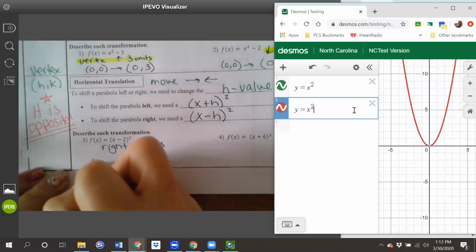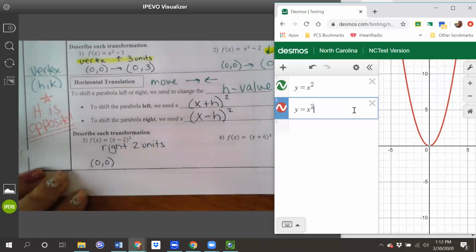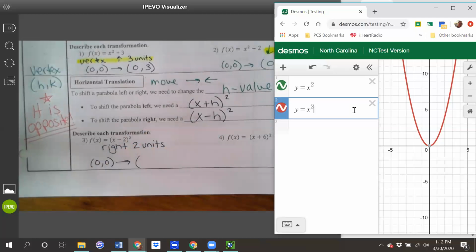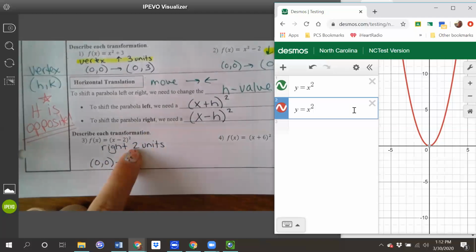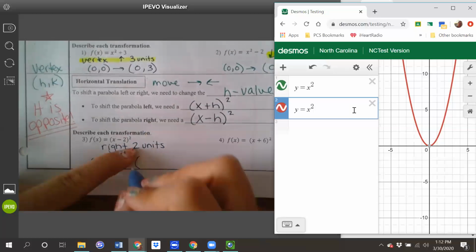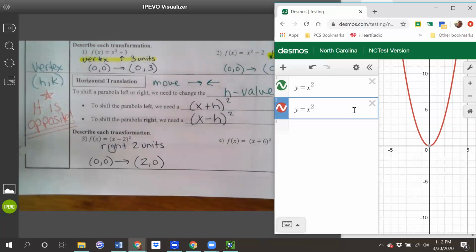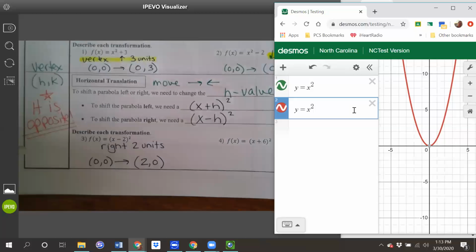So that means that my vertex, which was at 0, 0, is going to have to go to the right. So that's a positive 2, comma 0. Now I can check that on my graph. The green graph is going to be my parent, so that's where it starts. And then I'm going to take this equation and I am going to modify it.